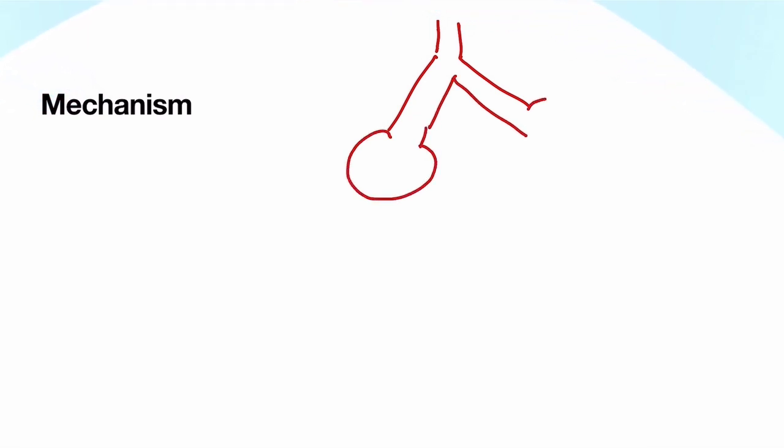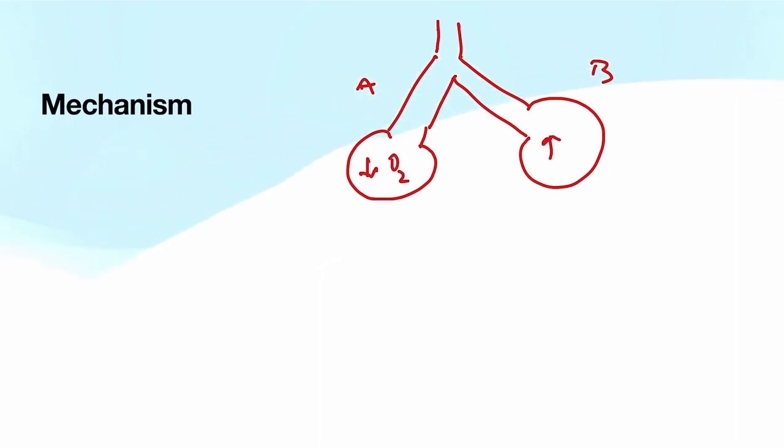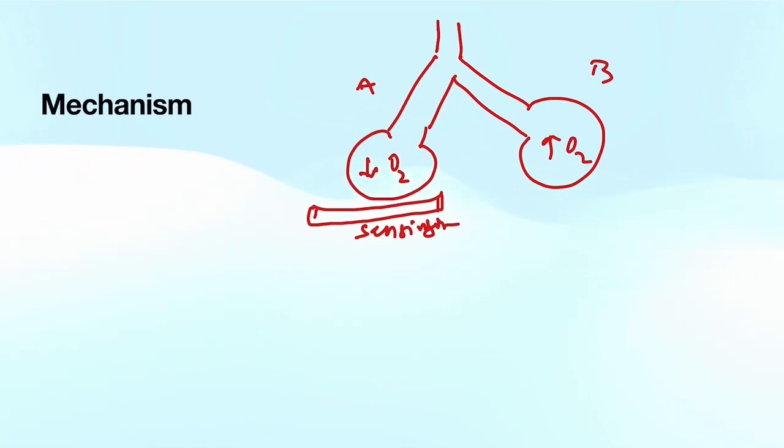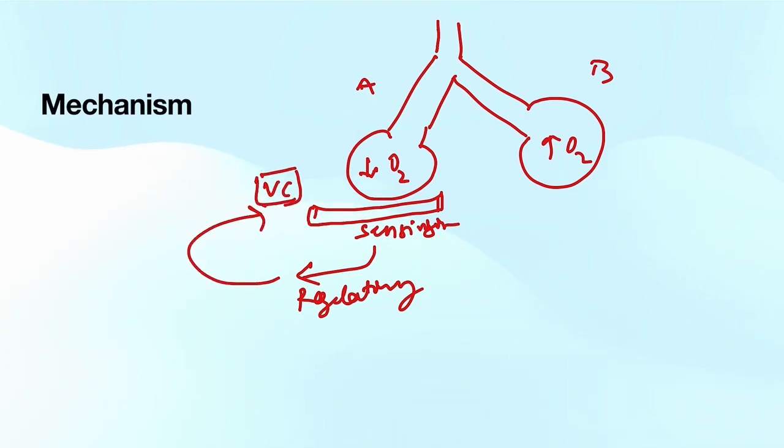So what happens, let me draw a simplistic diagram for you. Let us consider two alveolar units, A and B. In A there is hypoxia or less oxygen, and B is well ventilated and oxygen tension is more, right? So what happens, the sensing mechanism senses the decrease in oxygen tension, then regulatory molecules get involved, which ultimately leads to vasoconstriction, right?